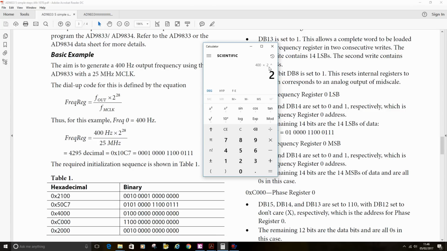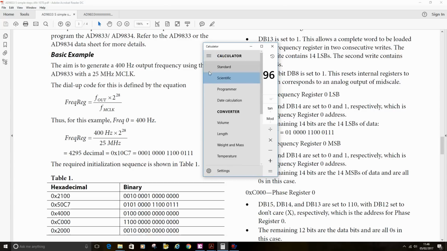So 400 times 2 to the power of 28 equals, forget this huge number, divided by your clock frequency of 25 million equals 4294.9, so he's actually rounded it up, so 4295.